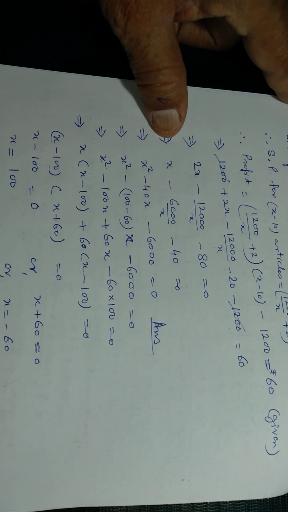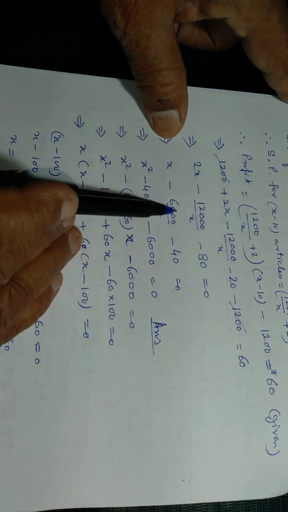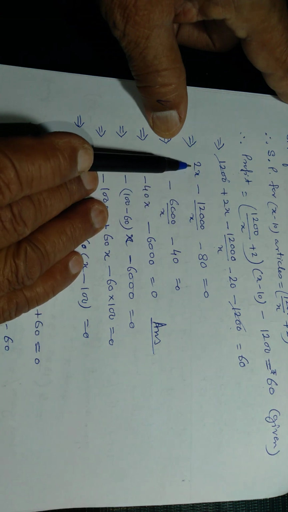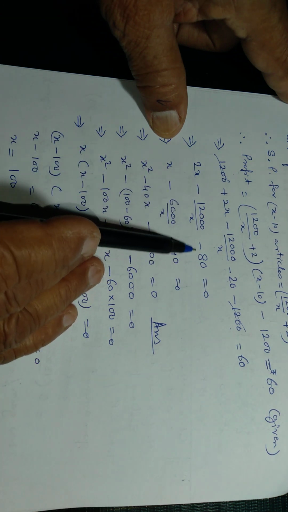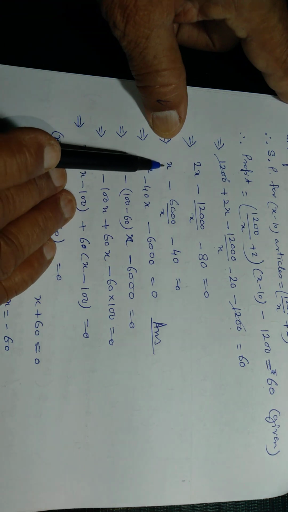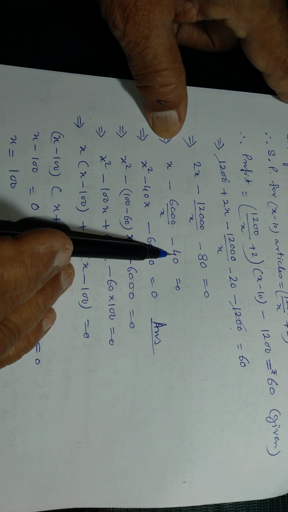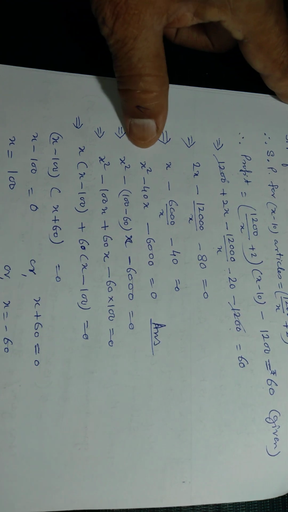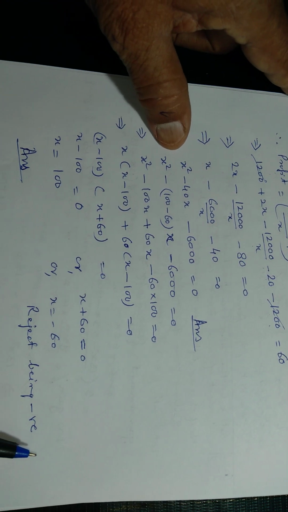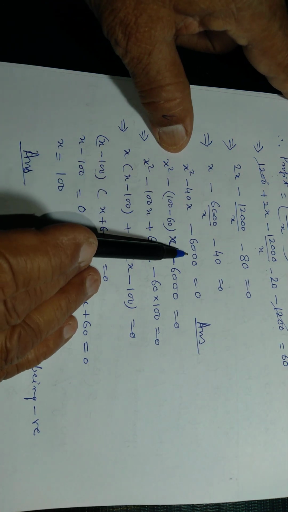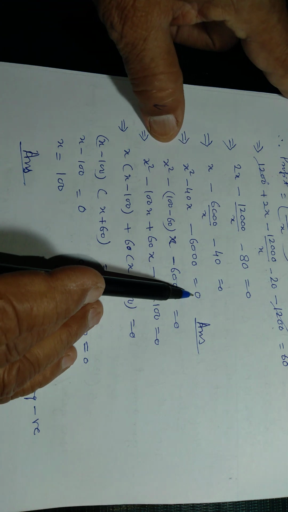Further solve it. You see, I have taken 2 common, or I have divided all the terms by 2. So it will become x minus 6,000 divided by x minus 40 equal to 0. We solve it further. We will get x square minus 40x minus 6,000 equal to 0.